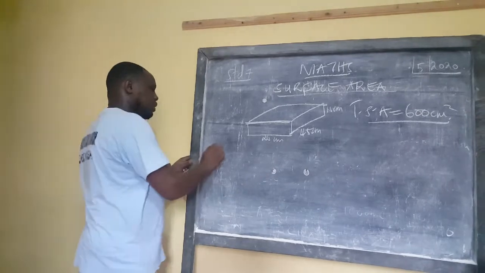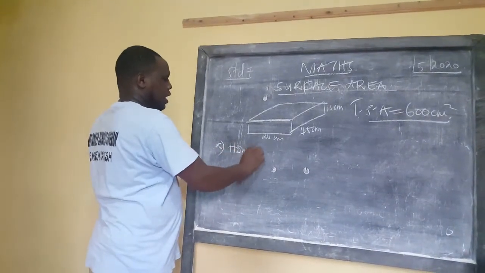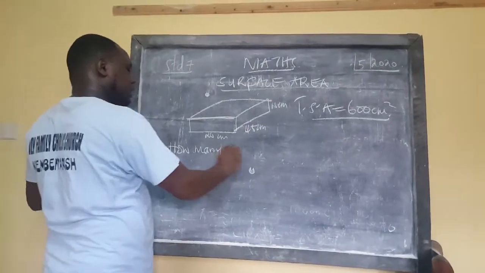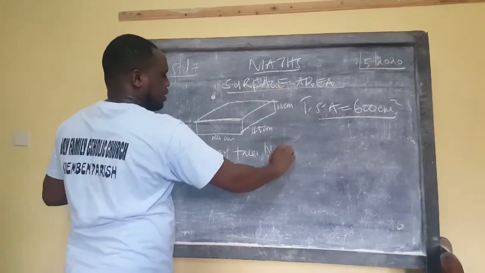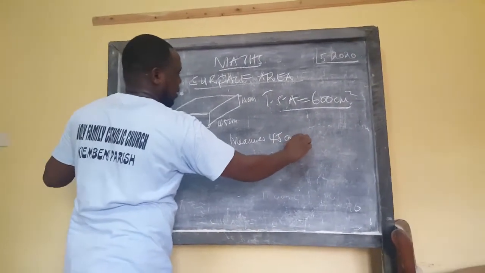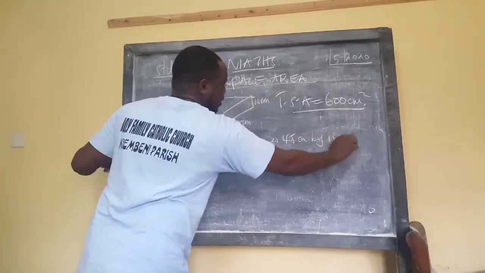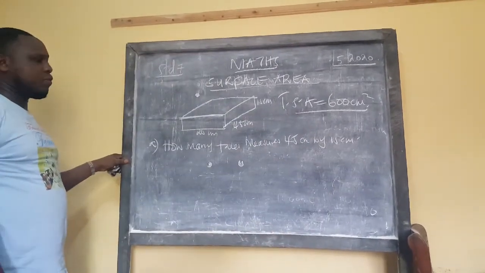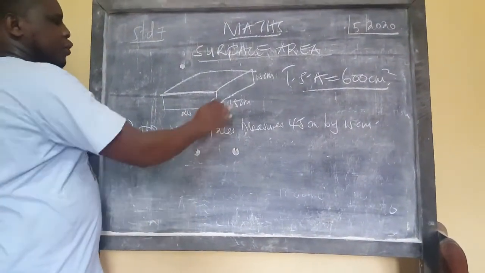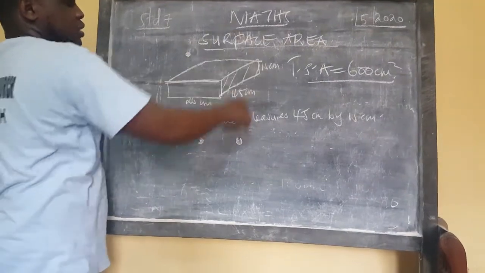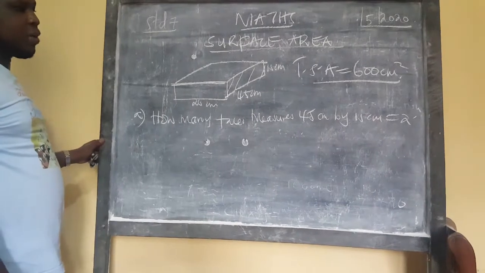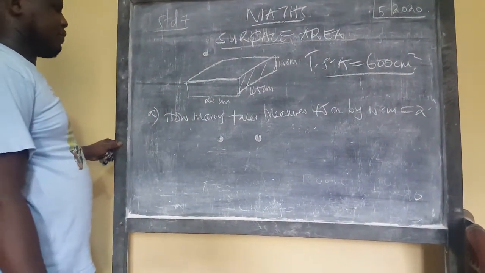A, how many faces measure 45 centimeters by 15 centimeters? 45 by 15 is here. So how many faces are those? They are going to be 2. So 2 faces are going to measure 45 by 15.